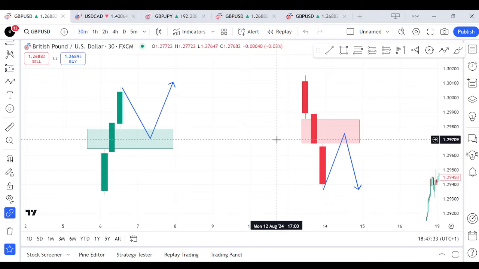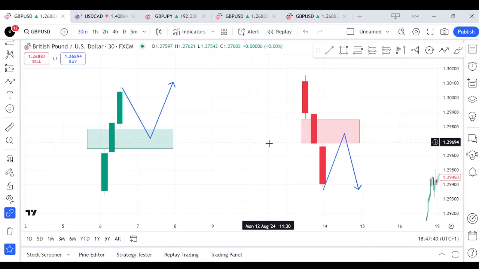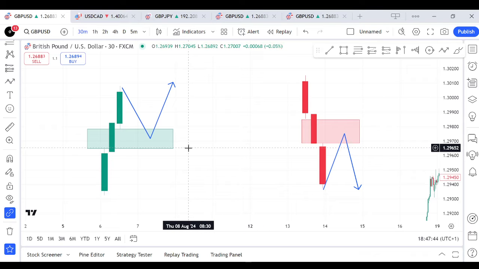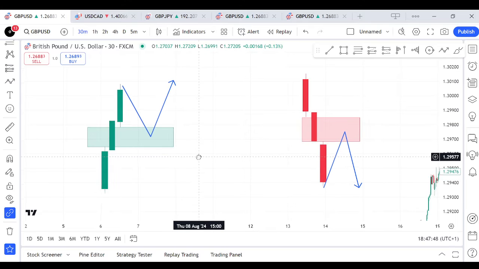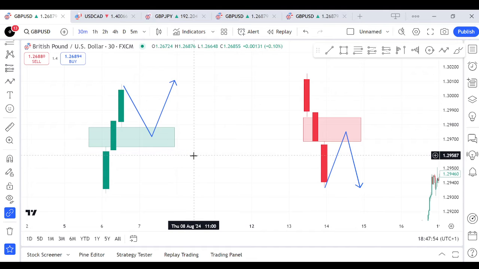There are 2 types of fair value gaps you need to know about. We've discussed that. We have the bullish FVG and we have the bearish FVG. Both types present unique trading opportunities, which we'll explore in detail. Understanding why these gaps tend to fail is crucial. The market naturally seeks equilibrium, meaning these imbalances often get corrected as price moves back to establish fair value.